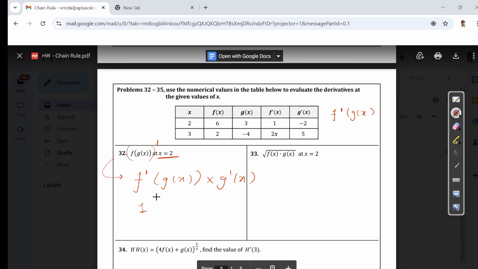But here if you write 1 times g of 2, this is like we are doing multiplication. But g of x is an input to f prime. So if you do 1 times 3, that will not be correct. Wait a second. Let's do the other questions.